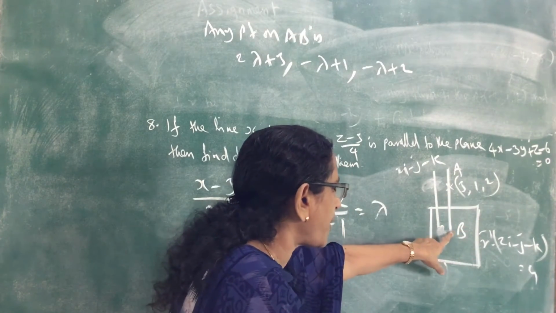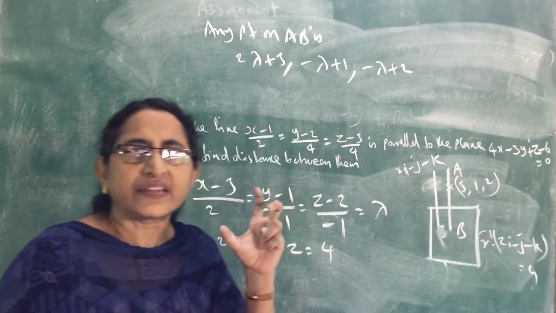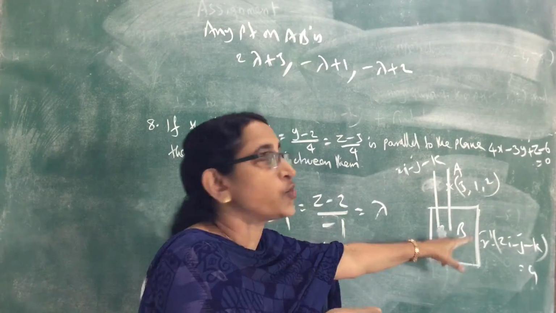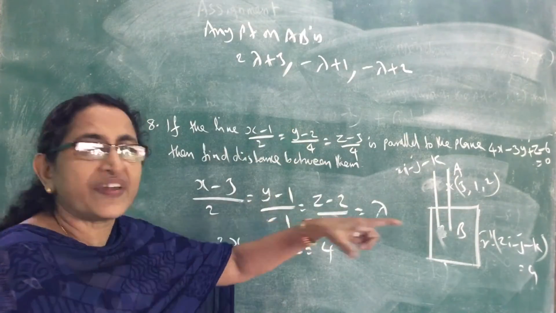When we find the point of intersection, that point lies in the plane. So we can substitute this point in the plane and we get lambda.